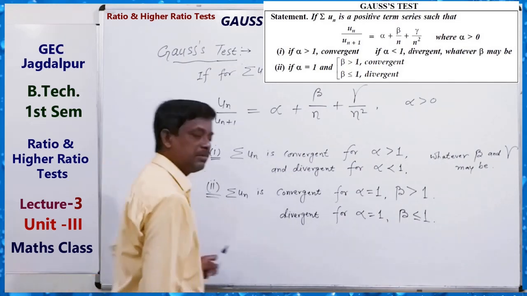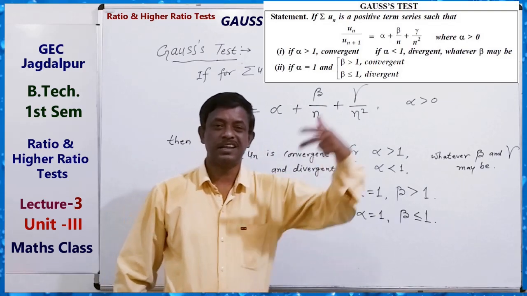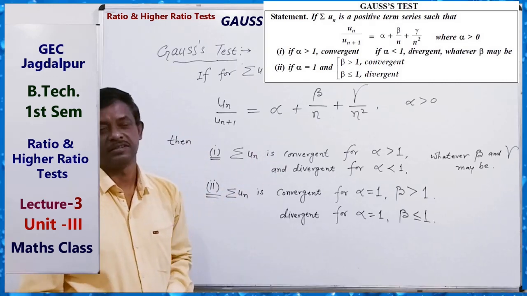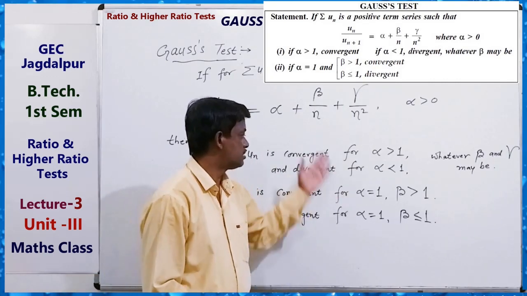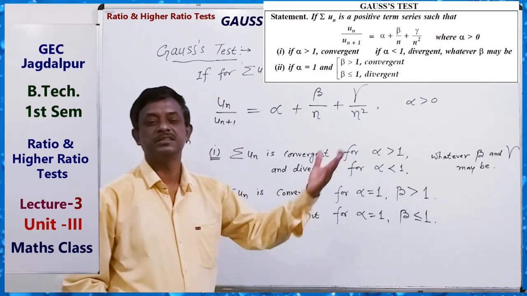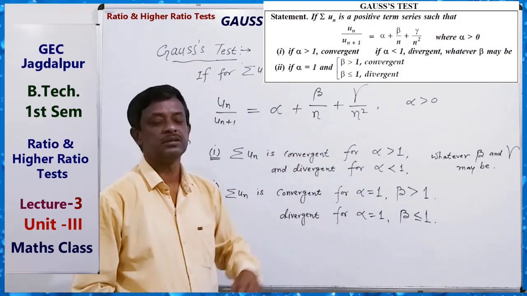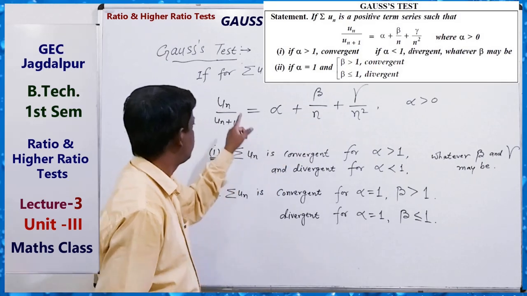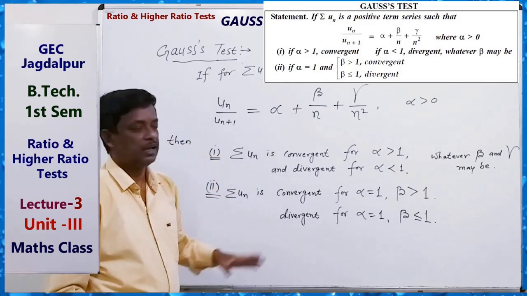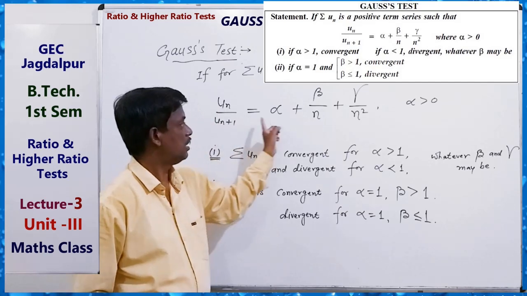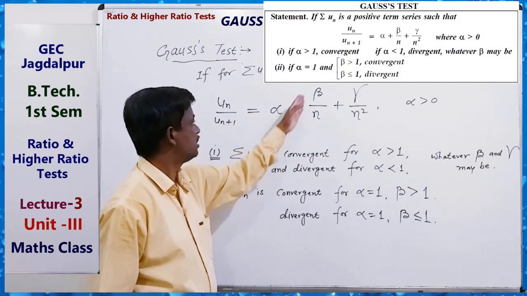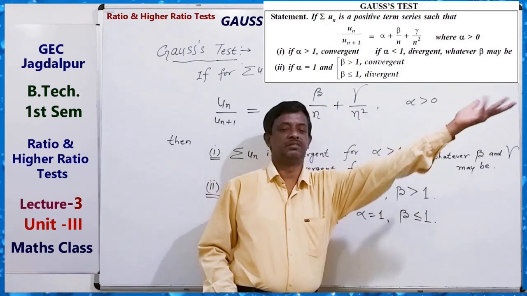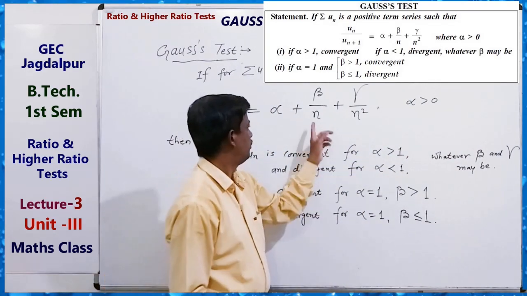Whenever the ratio test fails or Raabe's test fails, then you can apply the Gauss test for deciding whether a series is convergent or divergent. Just remember this format: if we can write un by un plus 1 as alpha plus beta by n plus gamma by n square, with alpha greater than 0, then gamma may be any value.